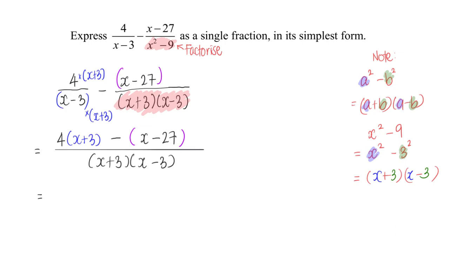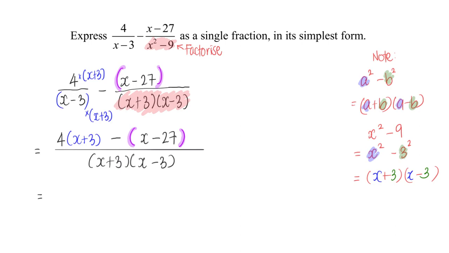And what other thing did Mr. Tan do? Yes, Mr. Tan purposefully writes a bracket here, because we are not only minusing x, we are minusing the negative 27 as well. And when we explicitly put down the bracket, you can then see the next step would be for us to simplify the numerator. It will look like this.